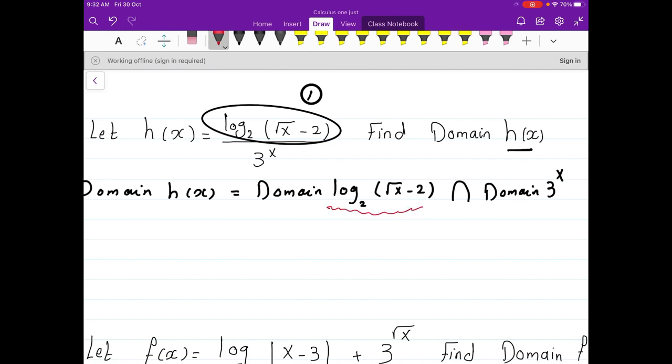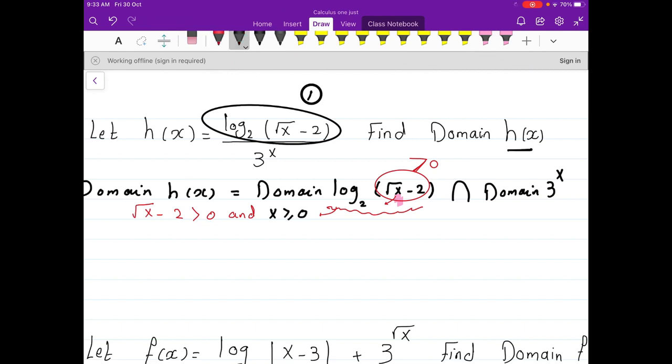The expression inside the log must be positive, and x must be greater than or equal to 0. So the square root of x minus 2 must be greater than 0, and we have another condition: the domain of the square root of x.